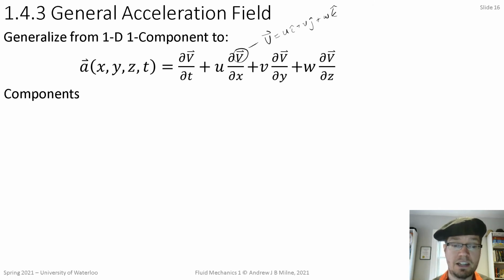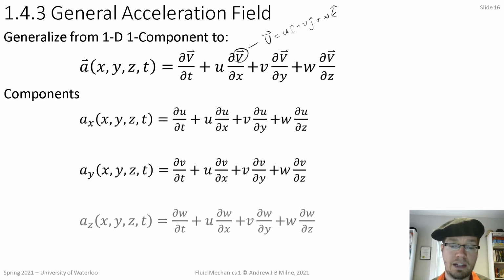This is an acceleration field with 3 components, with an x, a y, and a z component. They all have the same form of change with respect to time plus change with respect to position times change of position with time. The thing that changes between all of them is that we have u being the thing that is having the differentials taken for the x acceleration.